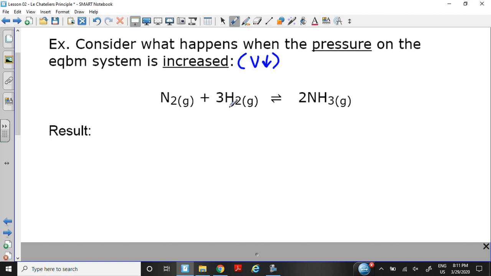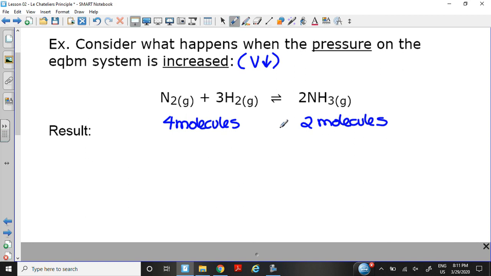So on the reactant side, we have 4 molecules, and on the product side, we have 2 molecules. How do we know that? 1 molecule of nitrogen plus 3 molecules of hydrogen. 1 plus 3 is 4. On the product side, it's a lot easier because there's only 2 molecules of the same compound, that ammonia gas.